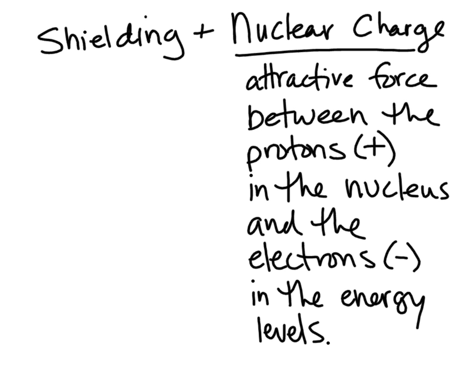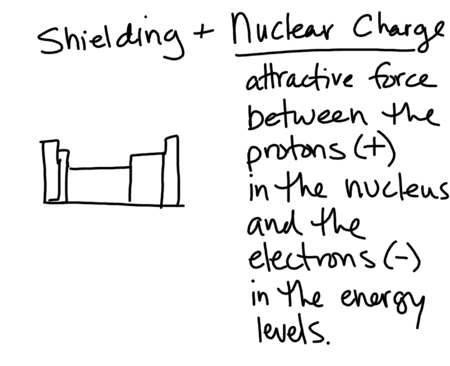So a good way to look at this is, here's your periodic table. Your nuclear charge is going to increase as you go from left to right, because you're going to have more protons as you go from left to right, and it's going to increase as you go down because you're going to have more protons as you go down a group.